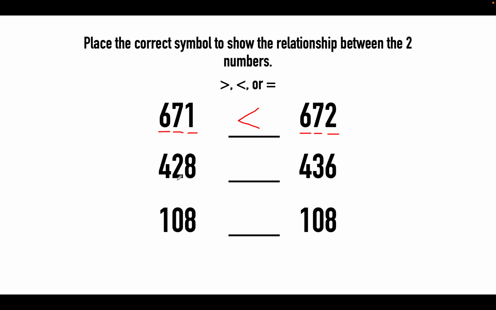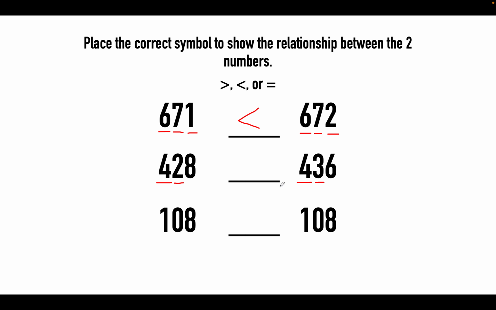If we move on to the next set of numbers, we have to start in the hundreds place just like we did previously. So if we start in the hundreds place, the one to the left has a 4 in the hundreds place, and the one on the right has a 4 in the hundreds place. So we need to move on to the tens. On the left hand side we have a 2 in the tens place, on the right hand side we have a 3.